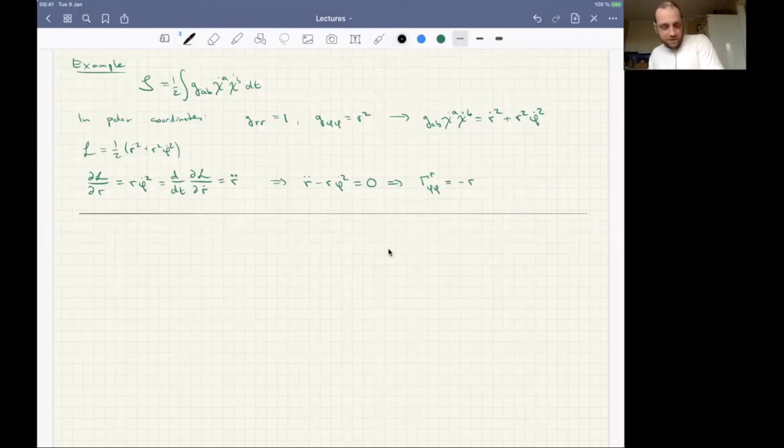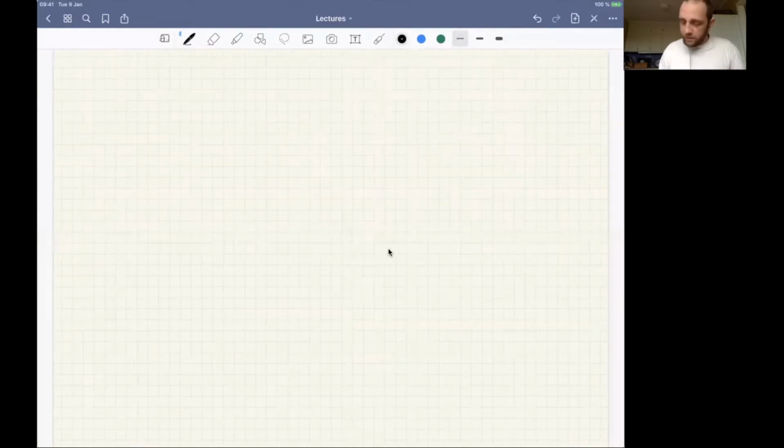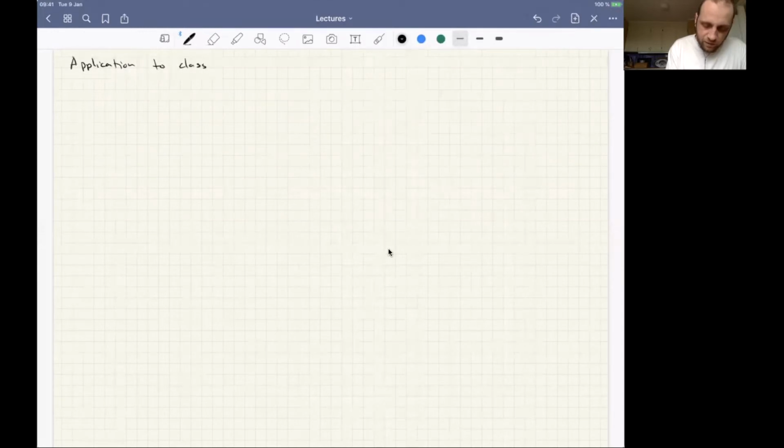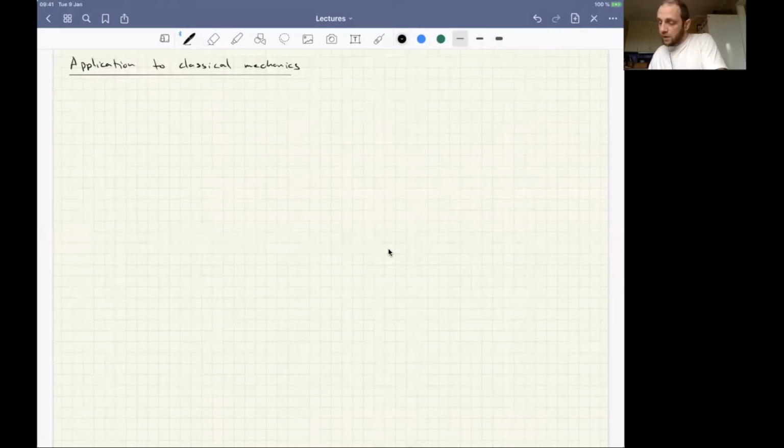Okay, so let's look at one case of a general space. Let's start first by looking at the general application to classical mechanics. So we're going to start coming into physics. You know that in classical mechanics we have this Lagrange formulation.